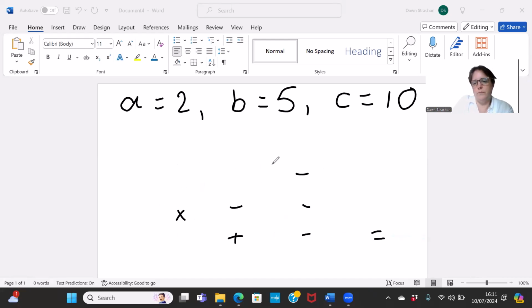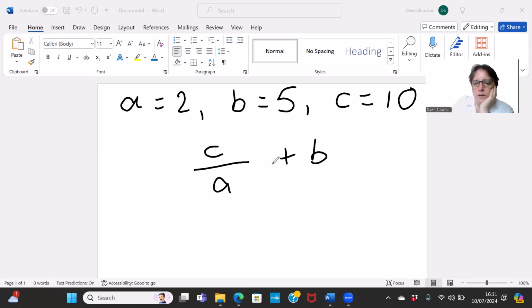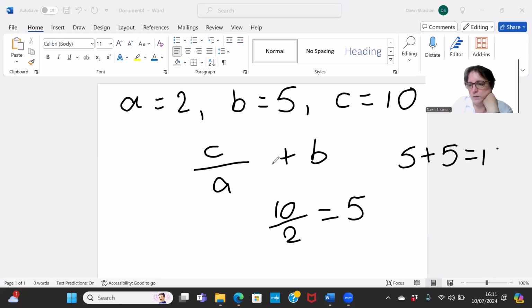Okay, let's do some division. They might give you something like c divided by a plus b. Okay, if it's written out like this, you'd do the c divided by a first. So 10 divided by 2 equals 5. And then plus b, so 5 plus b equals 10.